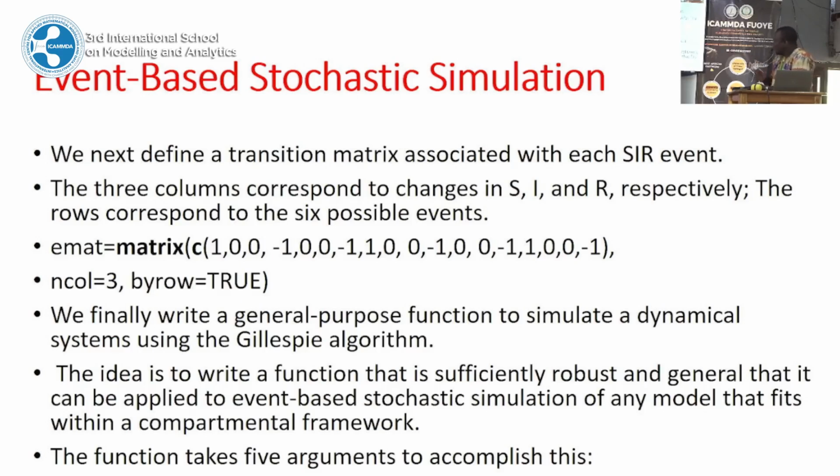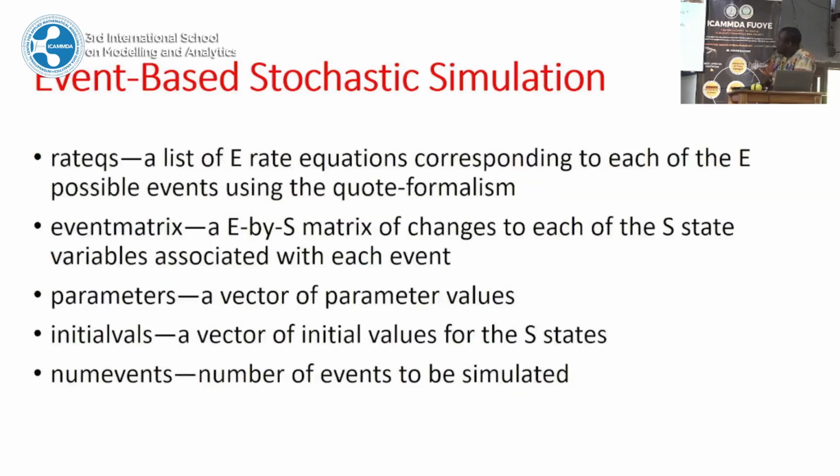Now, the function takes 5 arguments to accomplish this. First, you have the rates: a list of rate equations corresponding to each of the possible events, using the quotes formalism.